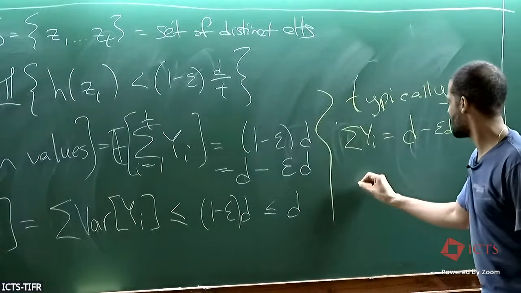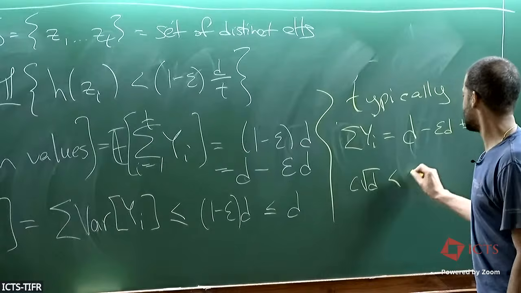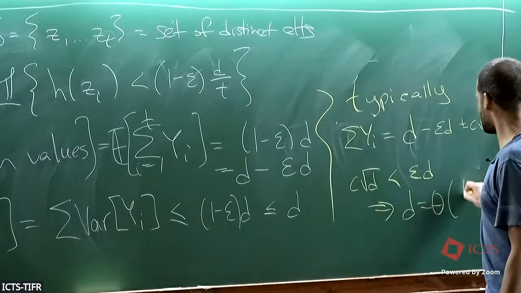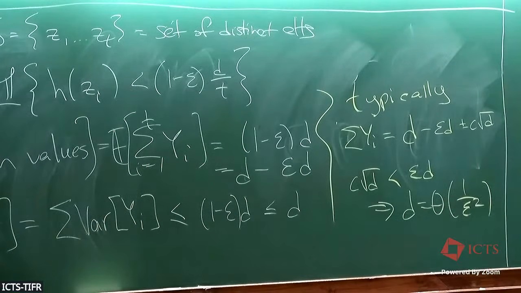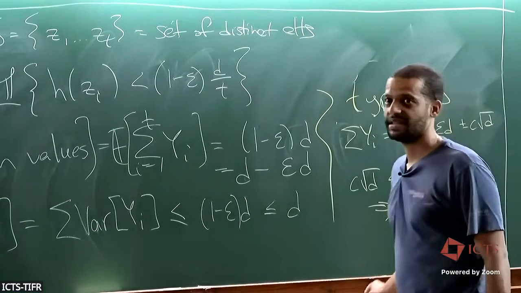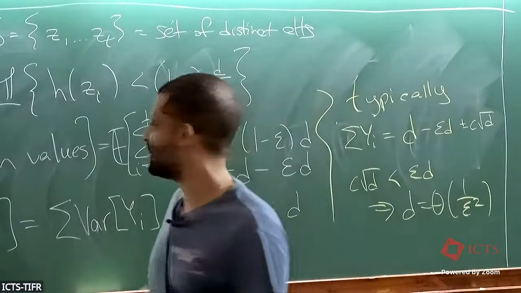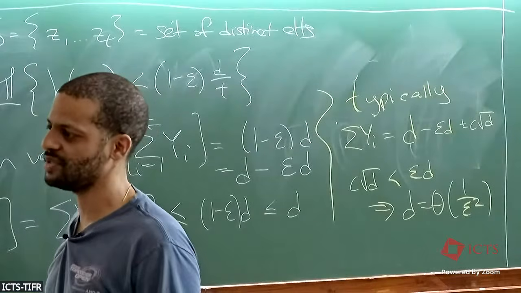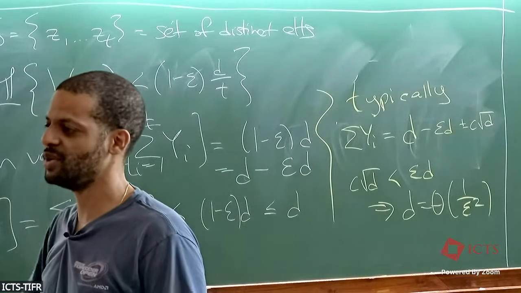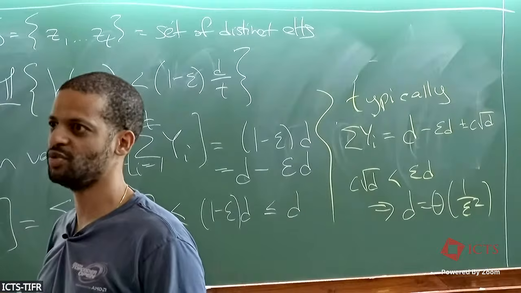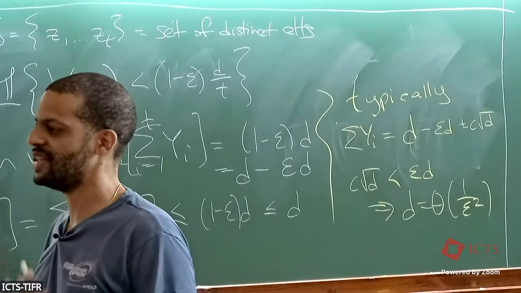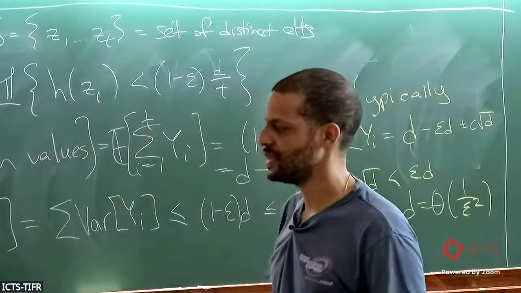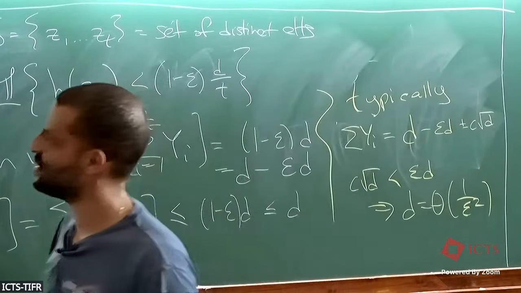So I basically want c root d to be less than epsilon d, which means it's enough for d to be theta of 1 over epsilon squared. Again, this is just Chebyshev's inequality. So as long as d is theta 1 over epsilon squared, I do get this thing is typically less than d. And I can do a very similar calculation for event E2, and then do a union bound and say typically E1 and E2 both don't happen, and then things work. That's it, okay? So that's all I wanted to say about count distinct.